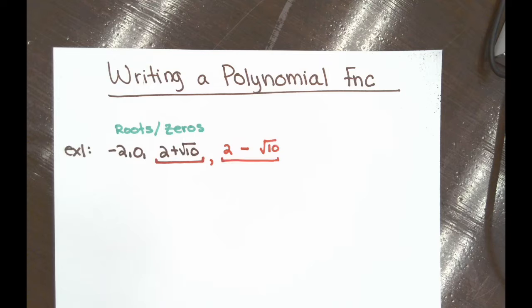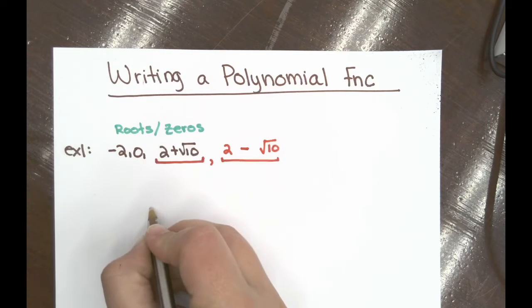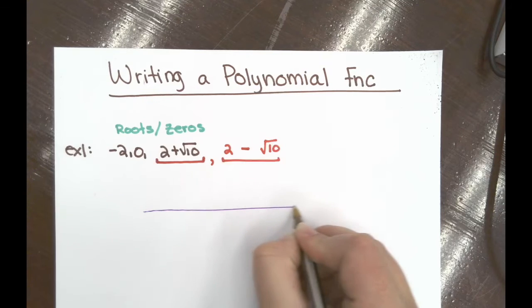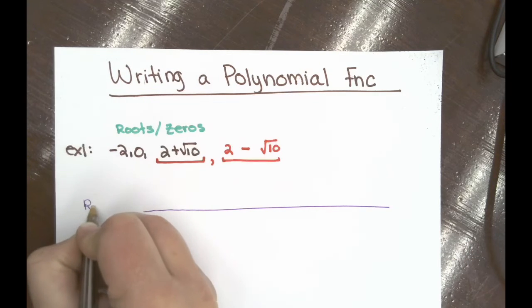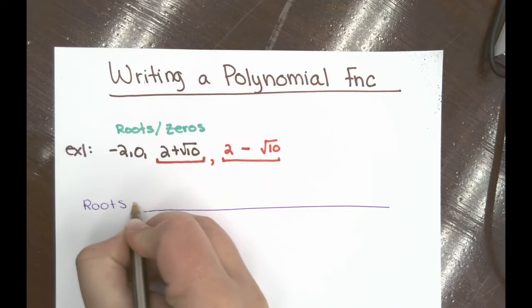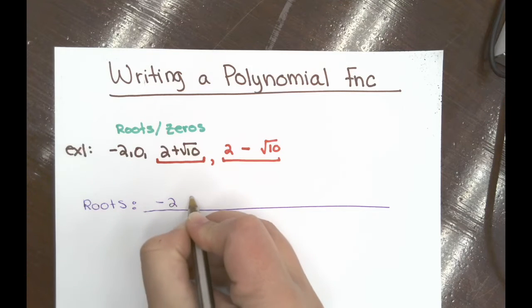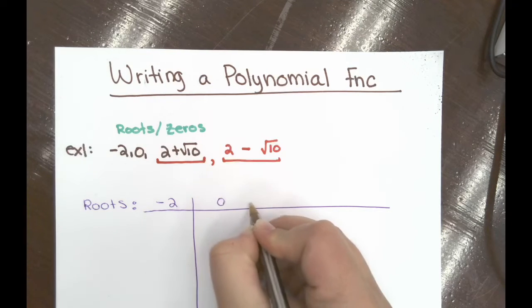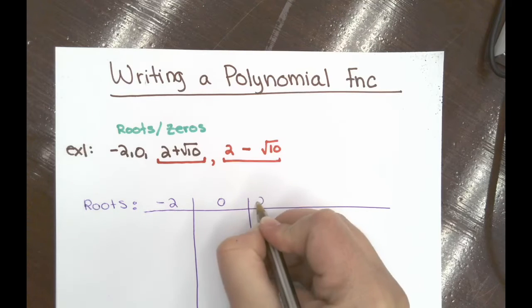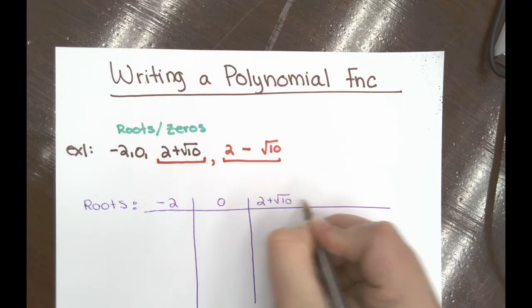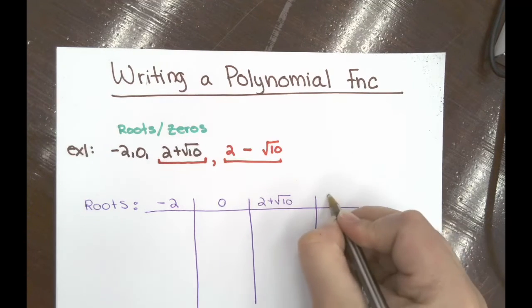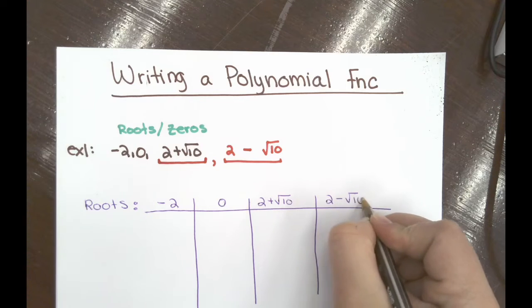Now, once you're here, what I like to do is create a table. So here are our roots. We got a -2, we got a 0, we got a 2 plus root 10, and its conjugate, 2 minus root 10.